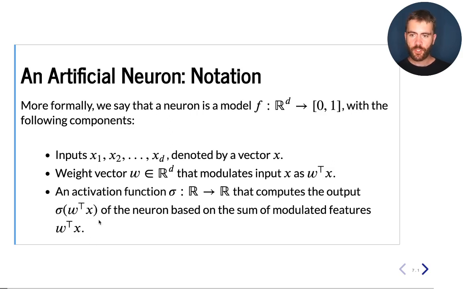This is typically a nonlinear function, and by virtue of being nonlinear, combinations of artificial neurons will be able to model more complex nonlinear functions that other models will not be able to. More specifically, compositions of artificial neurons will be able to model more complex functions than simple linear models.